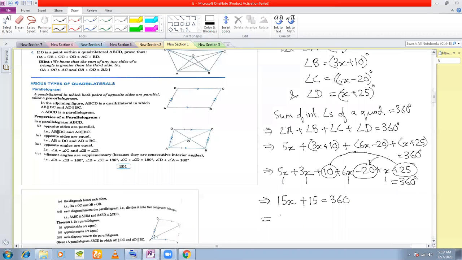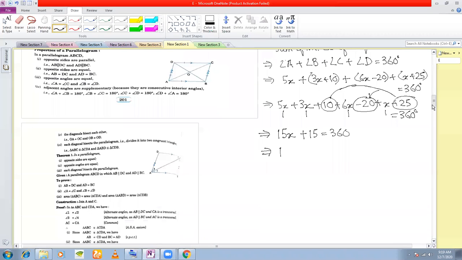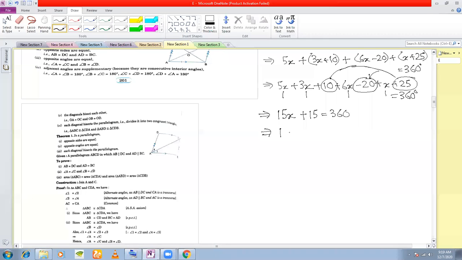Now you simply solve this equation. A better way of solving is, since you're getting 15, you can take 15 common. This is just a different way of solving I'm giving you. If you can do this method, very good. Otherwise, you can do the normal way. You can take 15 to this side and then solve. That is no problem at all. So you get x plus 1 is equal to 360 divided by 15.